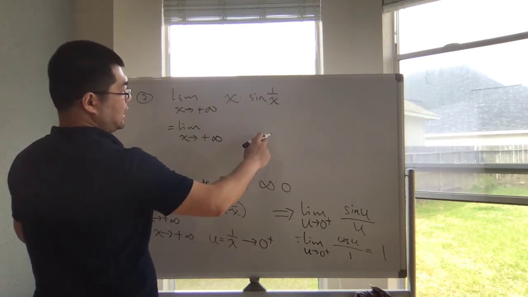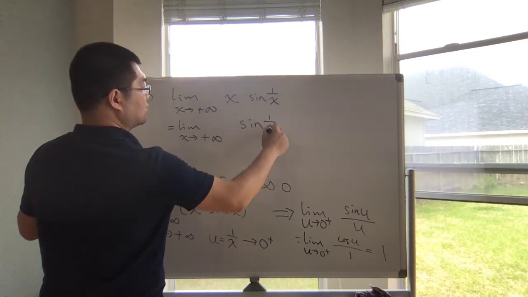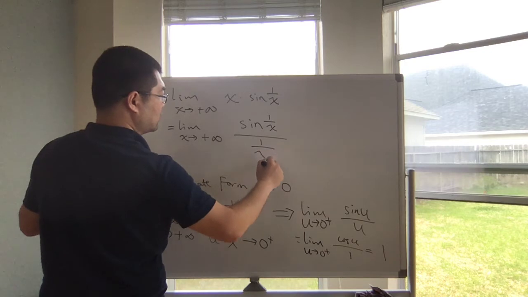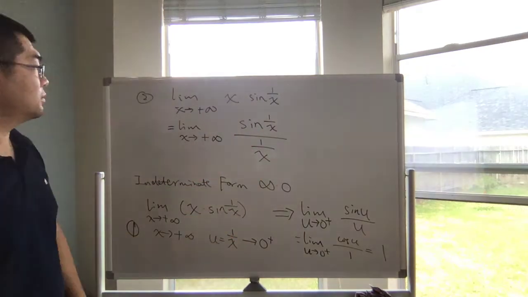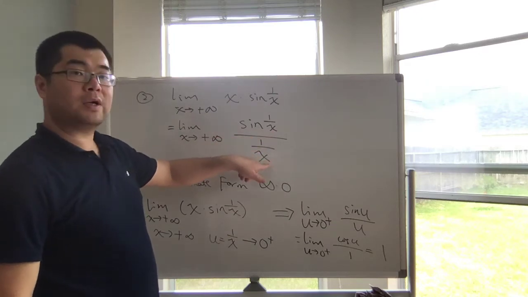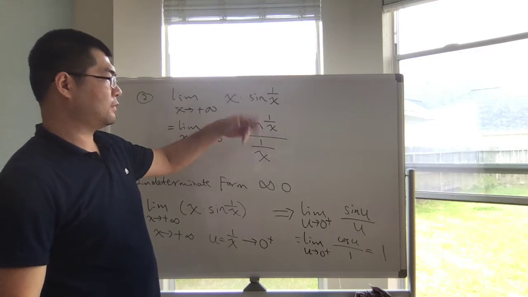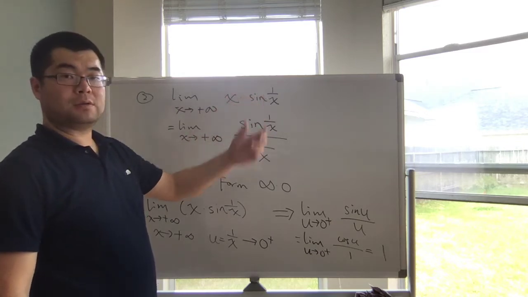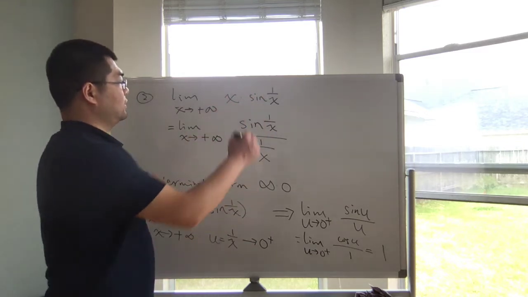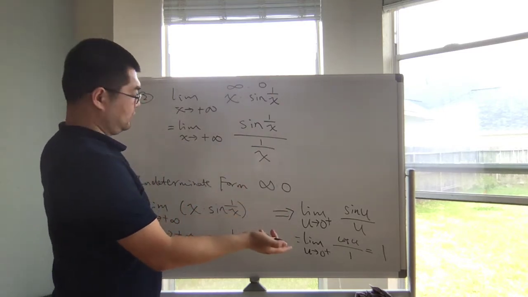Do you agree that this expression equals this, right? So sine of 1 over x over 1 over x. If you flip, it becomes back to here. Now let's look at it. Before it was an infinity times 0 form, but right now let's see what happens here.